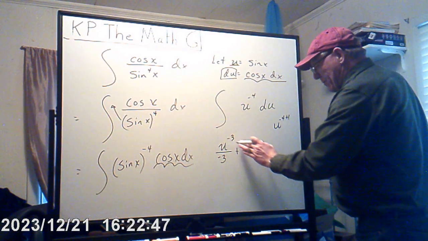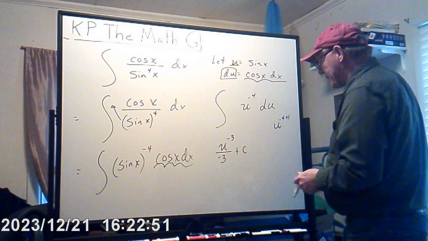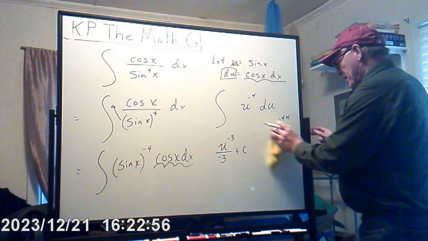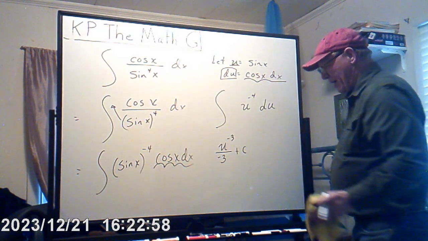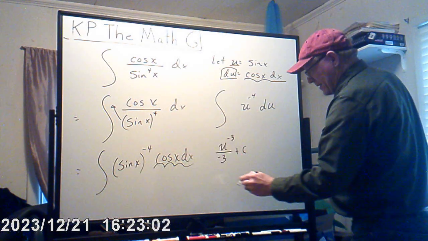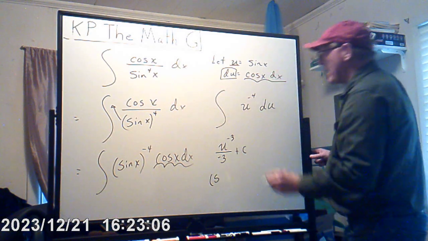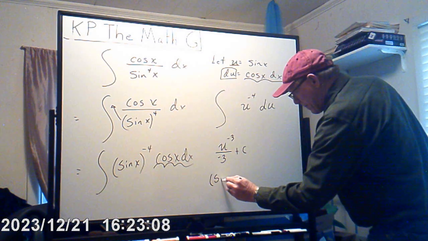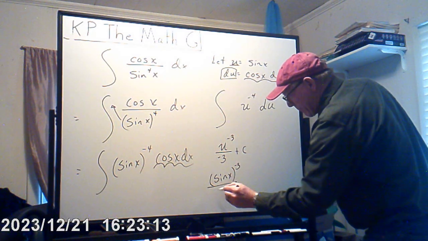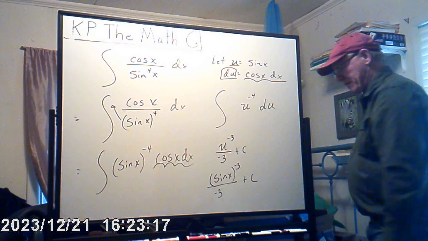I don't know if some people wait until later to put the plus c at the end, but I'm going to do it that way so I don't forget it. Now u is sine x, so sine x to the negative 3 over negative 3 plus c.